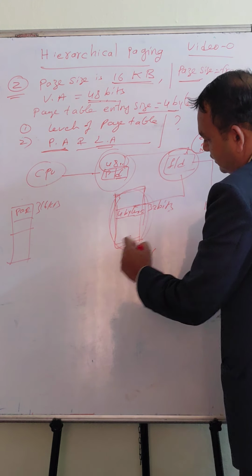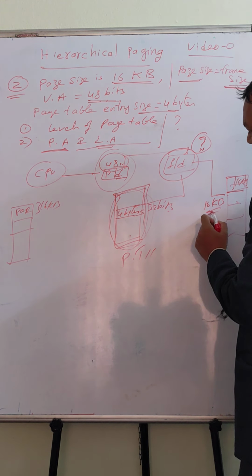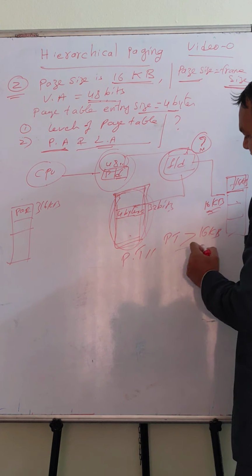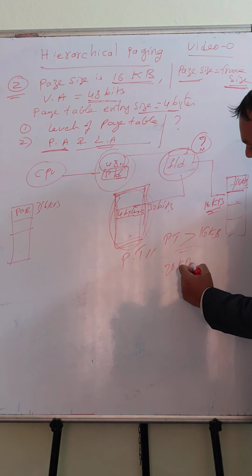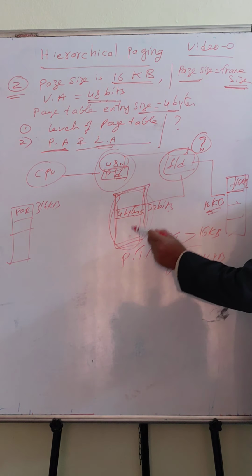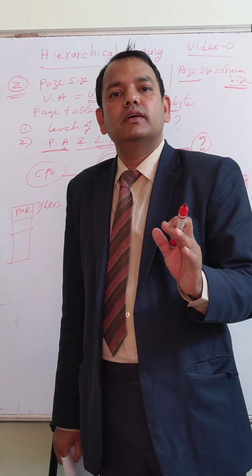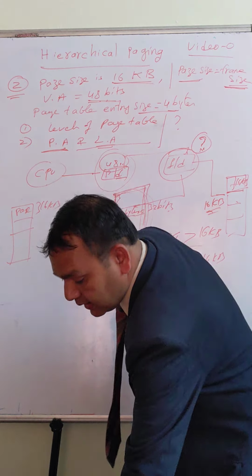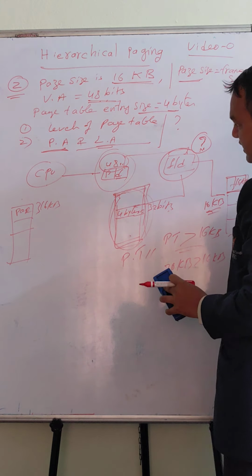If the page table is greater than 16 KB, then it cannot fit. For example, this may be 20 KB, which is greater than 16 KB. It cannot fit in 16 KB, so this table has to be divided into 2 page tables or 3 page tables like that. Now, how many page tables do we require? That is the question here. How many levels of page tables are required?